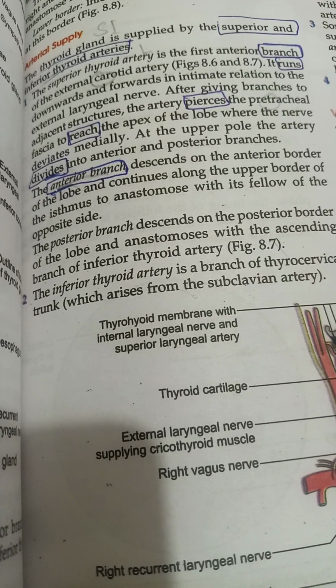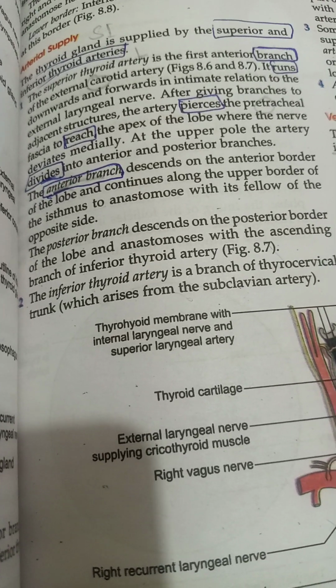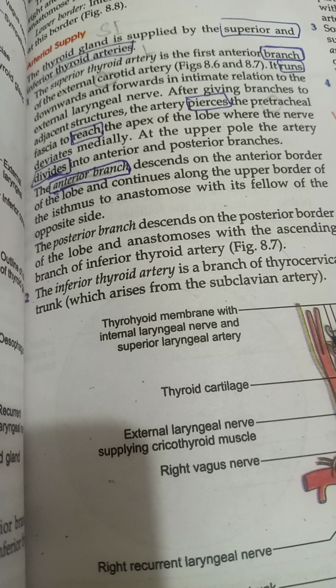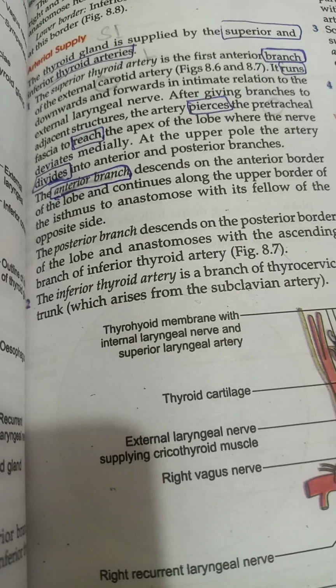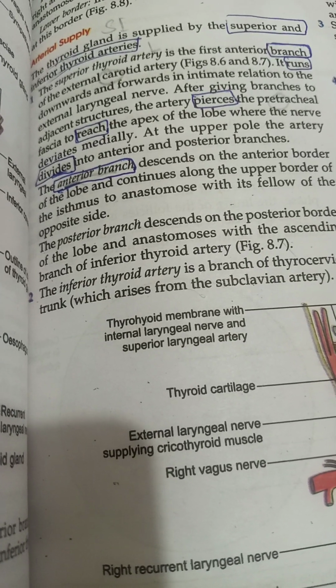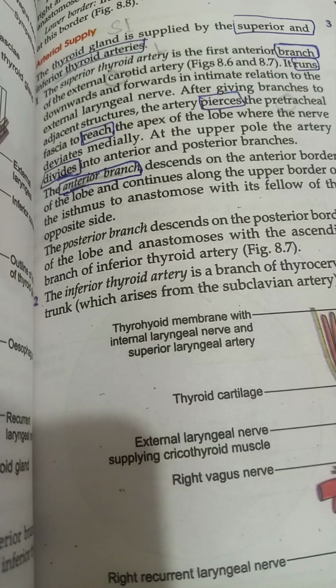So what will happen? The anterior branch will descend on the anterior border of the lobe and continue along the upper border of the isthmus to anastomose with its fellow of the opposite side.